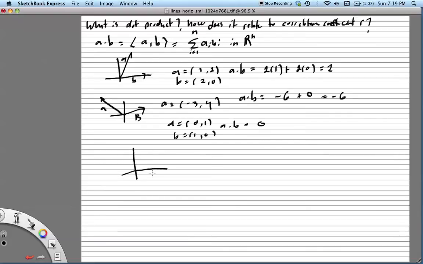We're going to let B be a unit vector in the x direction. And we're going to let A be this guy. Let's call it (4, 3). So, if we take A dot B, we get 4.